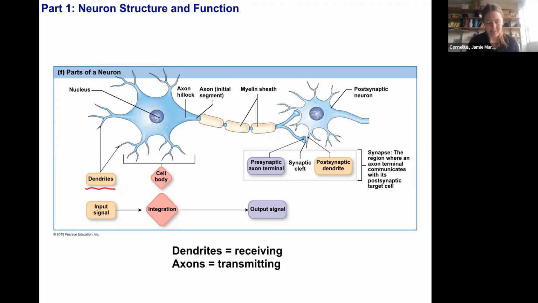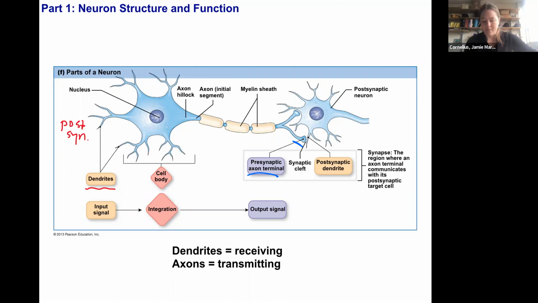And so it's on the receiving side of things, and so we actually call the dendrites' membrane the postsynaptic membrane because it's after the synapse. And then at the axon terminal down here, we call that the presynaptic membrane because it's before the synapse.